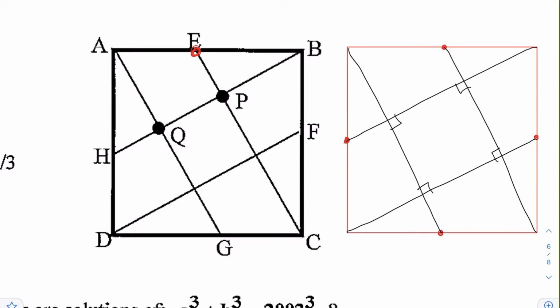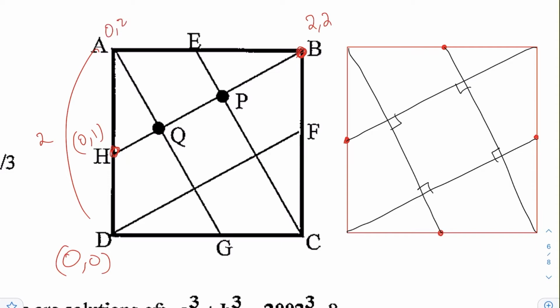And you can actually prove this by setting up a coordinate system in which you call D the origin, 0, 0, and because the edges are 2, B would be 2 comma 2, H would be 0 comma 1, A would be 0 comma 2, G is 1 comma 0, C is 2 comma 0, and F is 2 comma 1. So you can actually find the slope of this line, which is change in y over change in x, and that's 1/2.